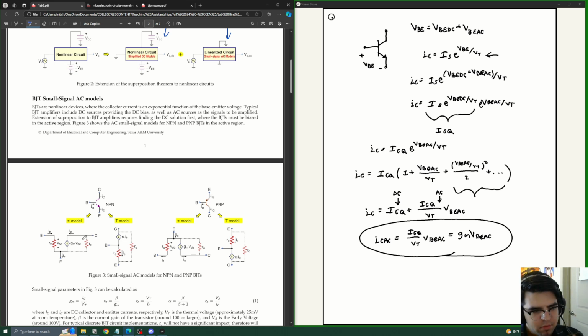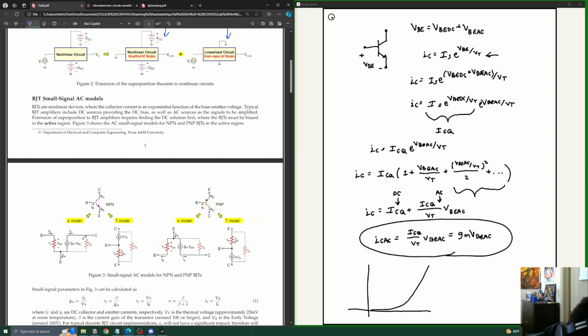Now, we've arrived at the small signal model, which describes how this works. The textbook talks about this in quite a bit more detail. When we say small signal models, the reason is that because we've linearized it, we can't apply too large of a signal. The idea is that, remember, it's an exponential relationship.